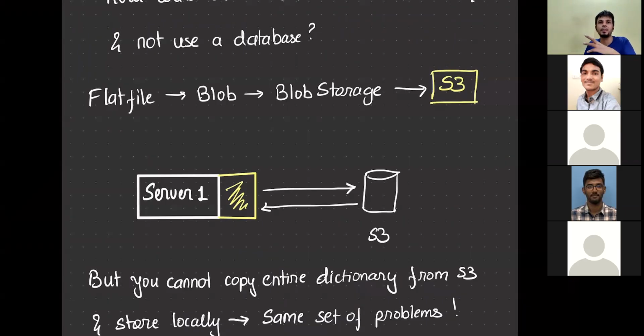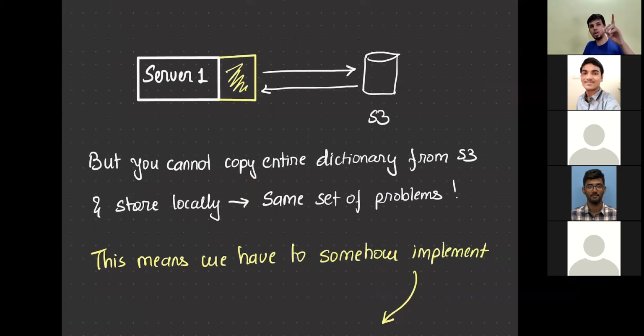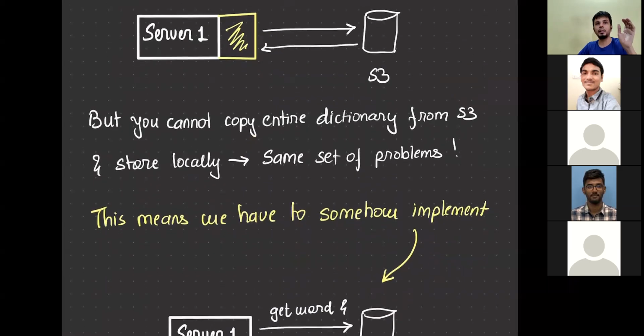So now your server is still having 1 terabyte of storage, but to get the dictionary data, it would make a call to S3, because S3 is that one place from which it would get the data, and it would store it locally and then serve it. But every time you cannot copy the entire dictionary from S3 and store it locally. There are massive problems, a lot of network IO there.